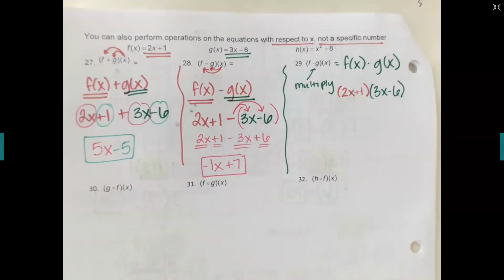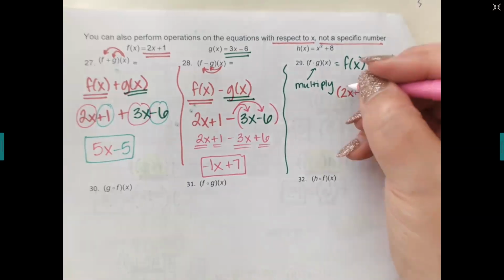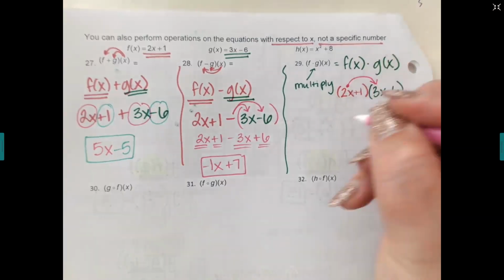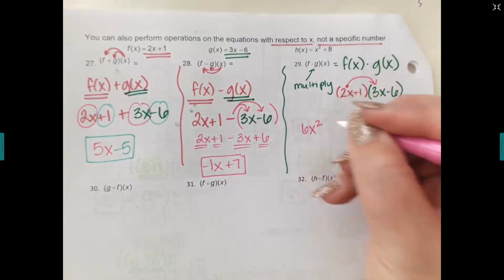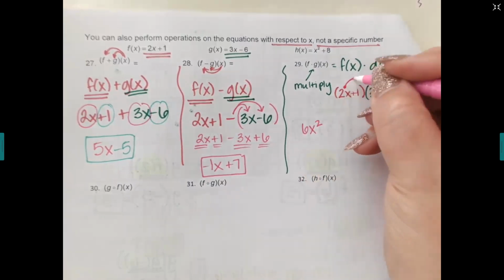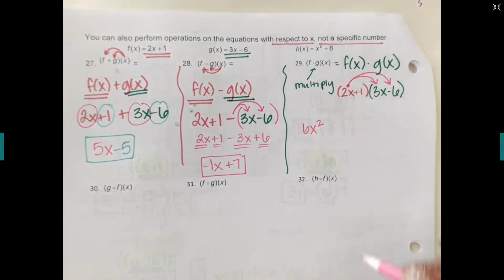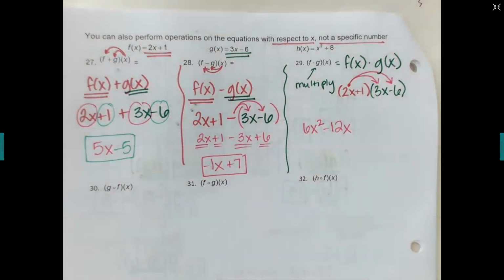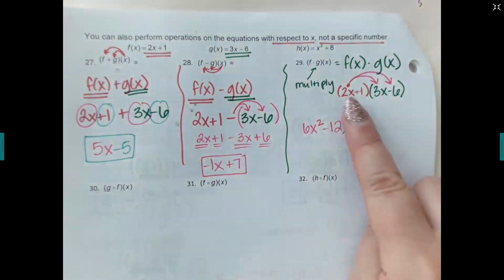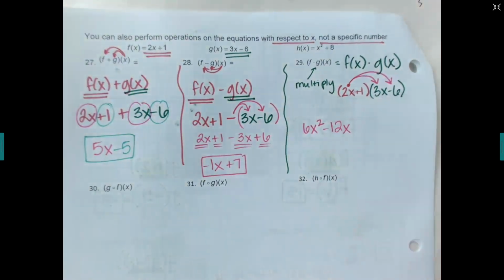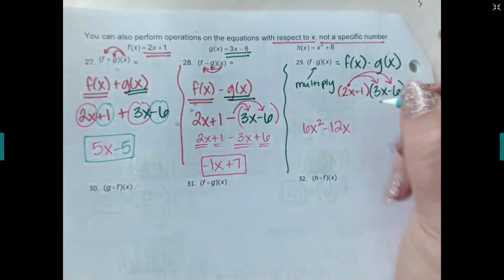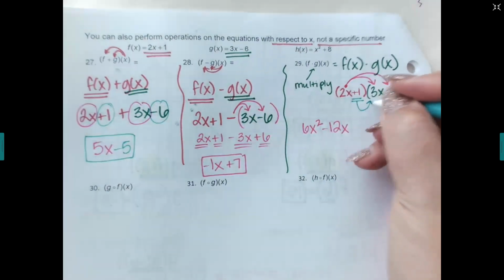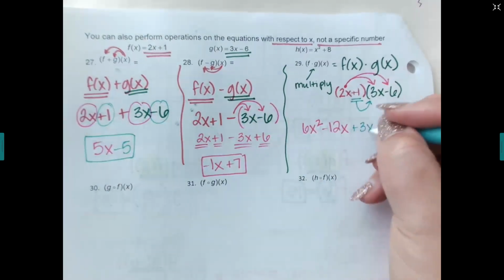And then we would have to obviously FOIL that out. So I would do 2x times 3x is 6x squared. 2x times negative 6 would be a minus 12x. That would be first times first and then outside. Okay, your inside is going to be plus 1 times 3x is a plus 3x.